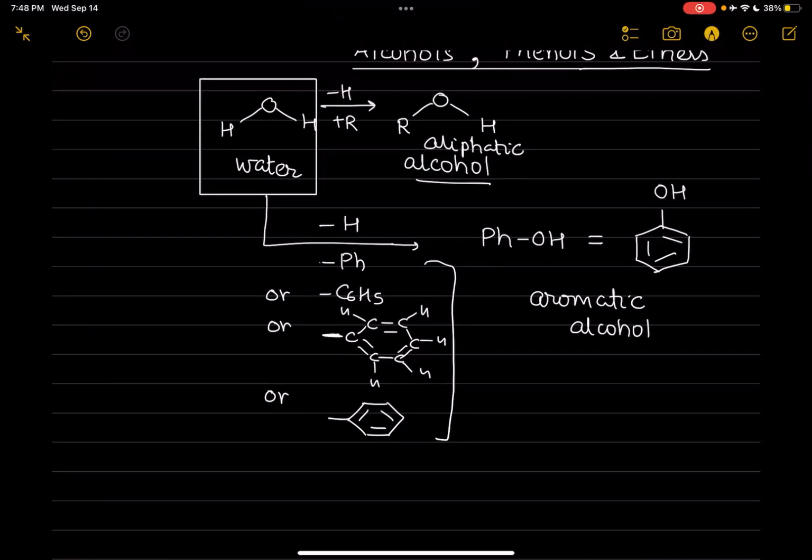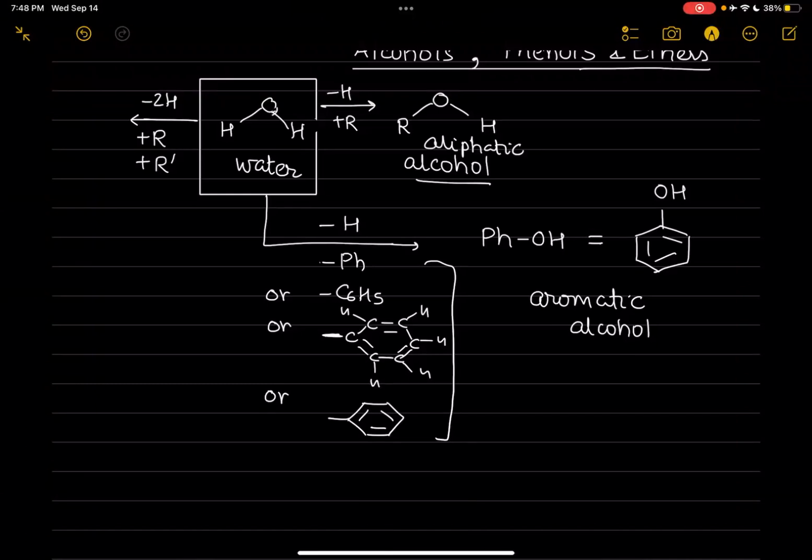Suppose if we remove the two hydrogens from water and put two alkyl groups, they can be either the same or different. What will the formula become?